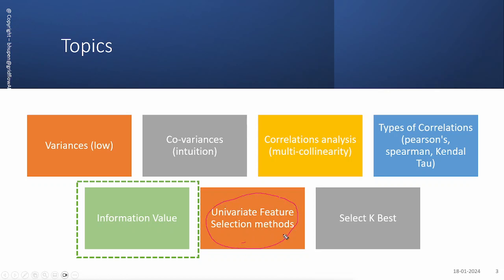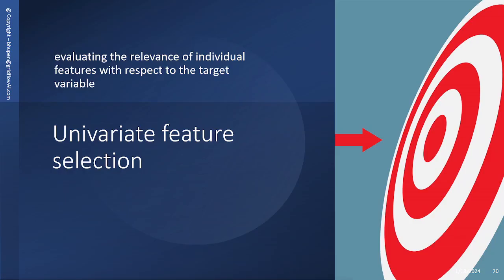The range of methods are typically hypothesis testing, and we'll cover three different hypothesis testing methods as part of univariate feature selection. Univariate feature selection methods are for evaluating the relevance of individual columns with respect to the target column.